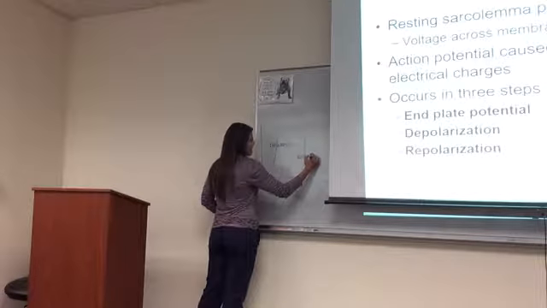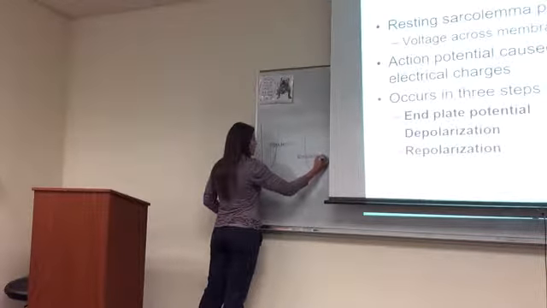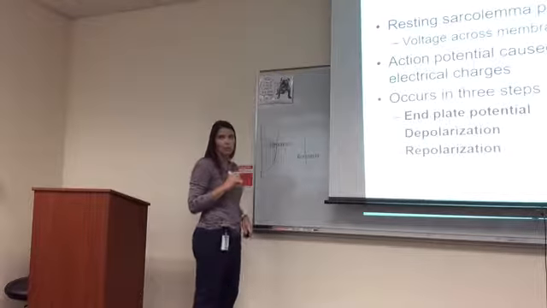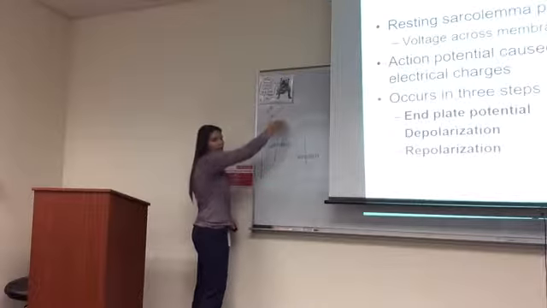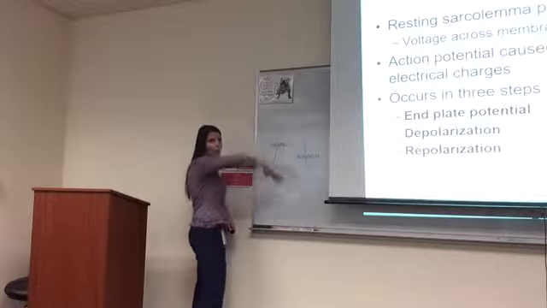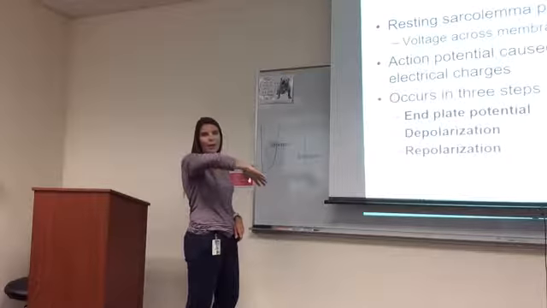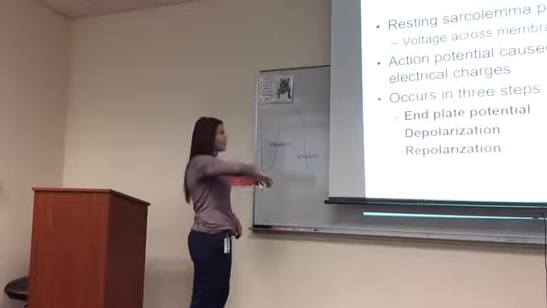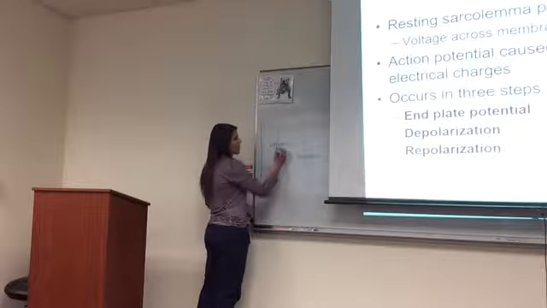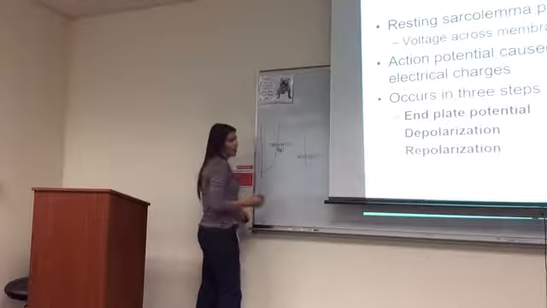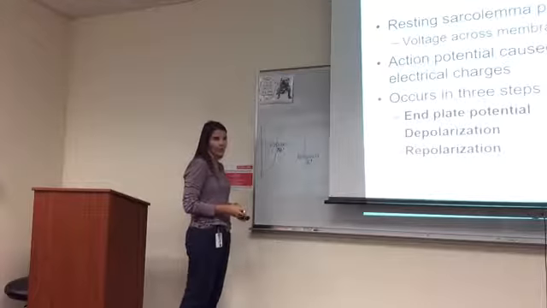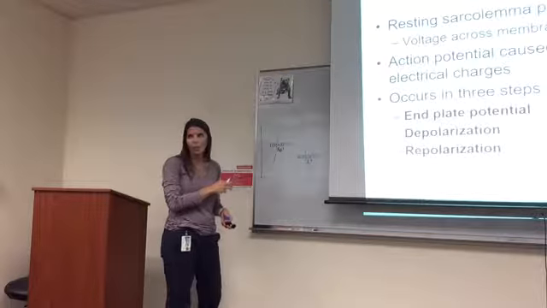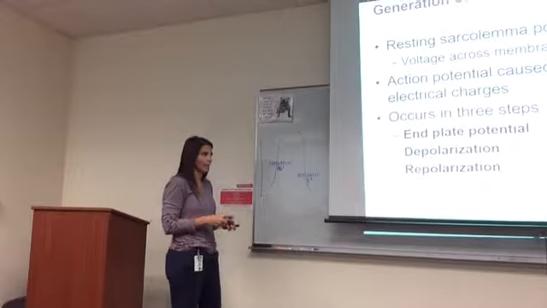Repolarization is the muscle returning to a resting potential. So whenever it says depolarize, that's that muscle contracting. When it says repolarize, that's that muscle going back to a resting state. Depolarization is going to be associated with sodium ions. Repolarization is going to be associated with potassium ions. So you're going to see that, and it's going to come up. I'm just telling you where we're going to see that.